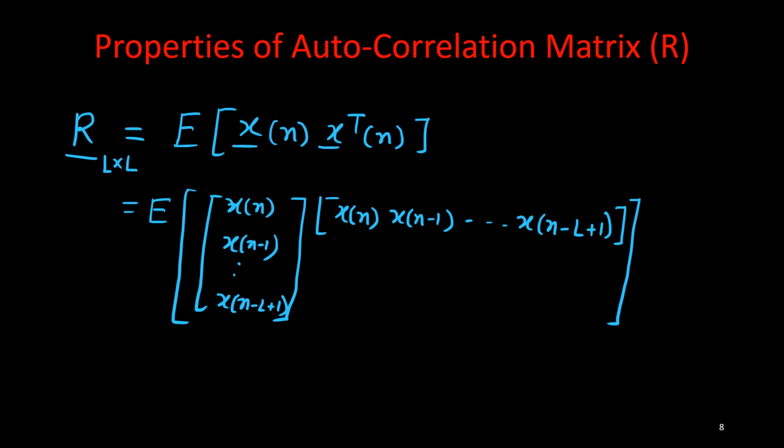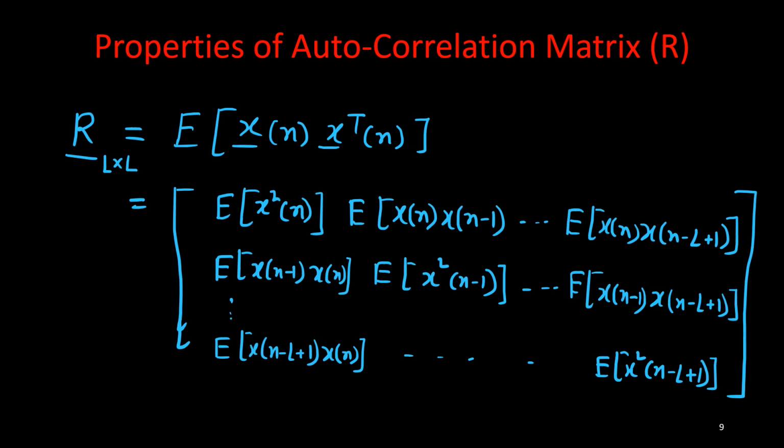If we expand it, we will find these elements. The first element will be the expected value of x square n, then the expected value of xn times xn minus 1, then xn times xn minus 2, and so on, up to the expected value of xn times x of n minus L plus 1. This is the first row.